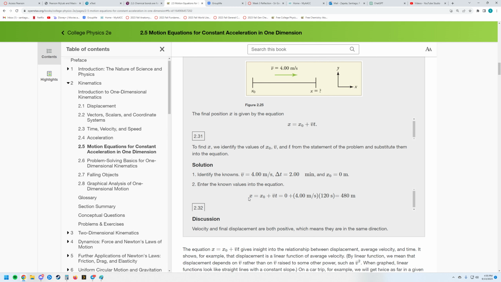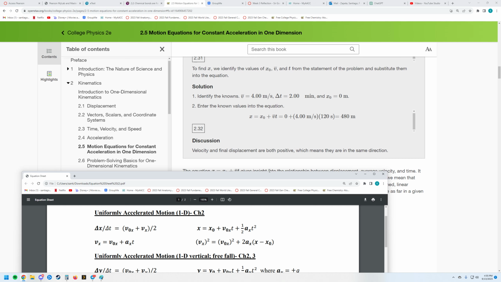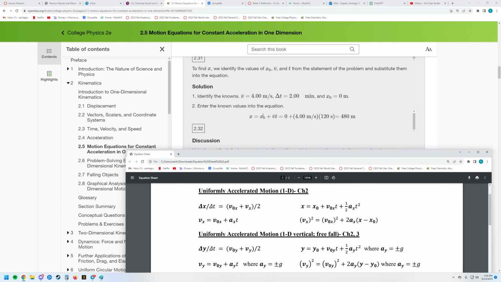If you notice here, this is where I'm not a fan. I think textbooks should be very explicit. The equation they're using is jacked up. If we compare, their equation, x equals x subscript 0 plus v over t, is this one.